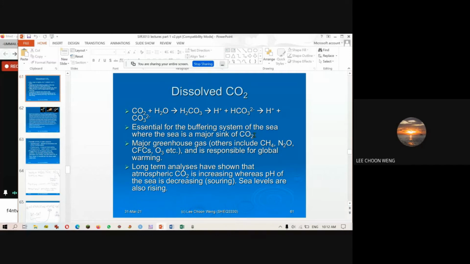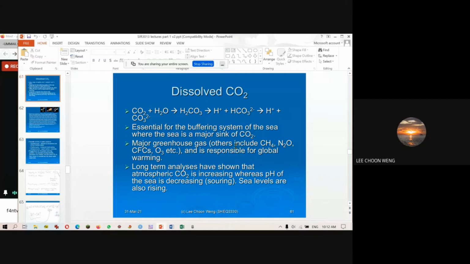So as I've mentioned earlier, the ocean now is known to absorb up to 50% of the anthropogenic emission of CO2. So this is an important system that allows the sea to absorb the CO2.